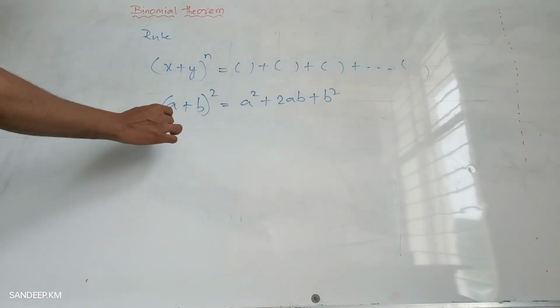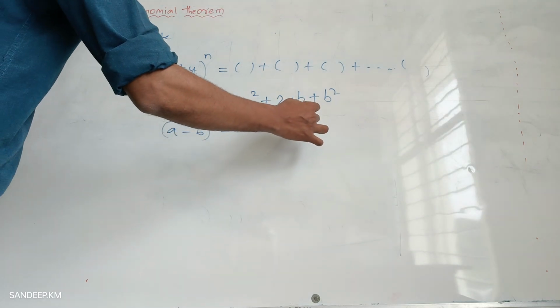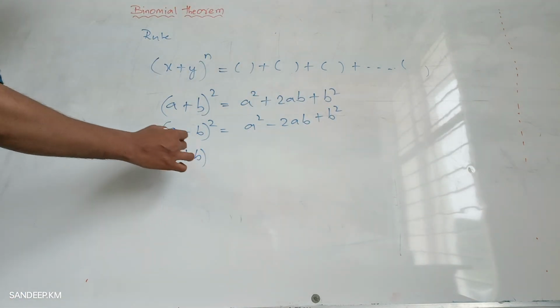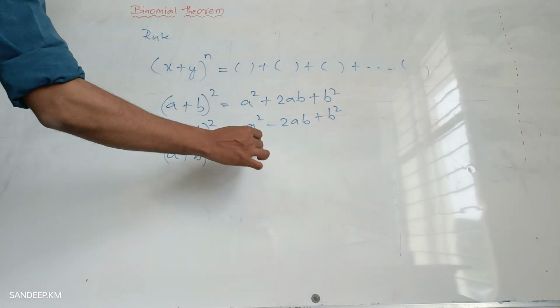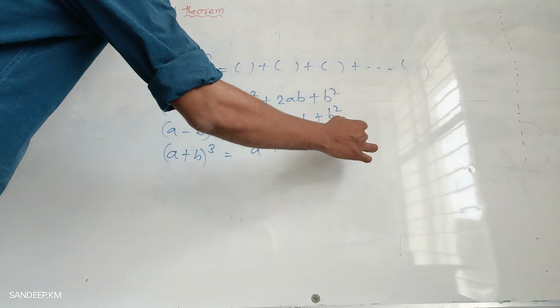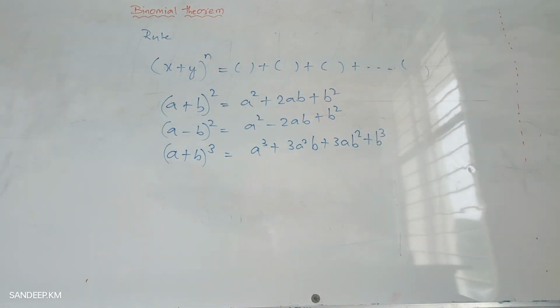Similarly, you also know about a minus b whole square, a square minus 2ab plus b square, and then a plus b whole cube. What is a plus b whole cube? a cube plus 3a square b plus 3ab square plus b cube. So you know all these basic binomial expansions that you have learnt already in your previous classes.